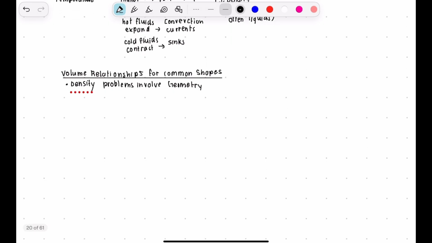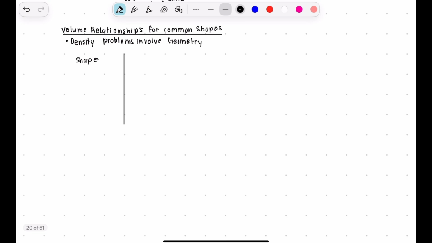And because of this, based off the shape, you should know the volume formula, and you should have these readily accessible in case you need to calculate these.